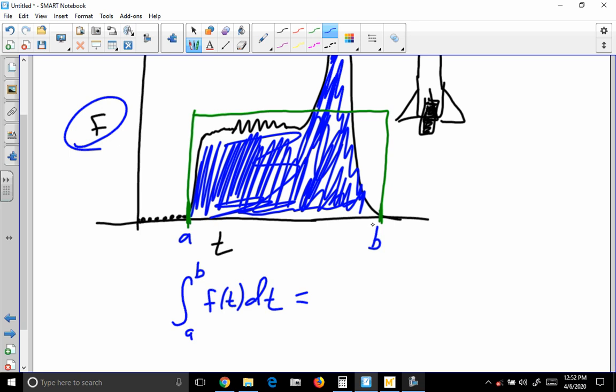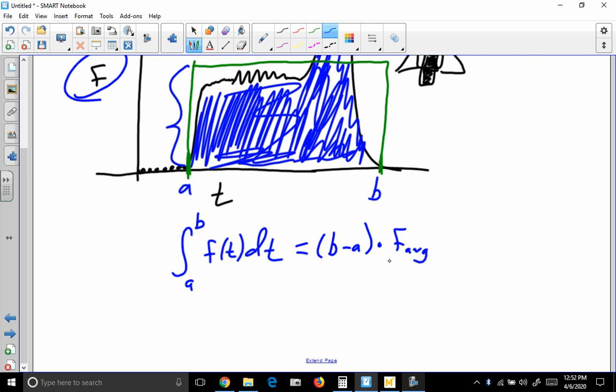And there's an equivalent rectangle where the width is given by b minus a, and there's some y value, we can just call it f average, such that when we multiply that height times that width, it's the same as the area underneath the force function.